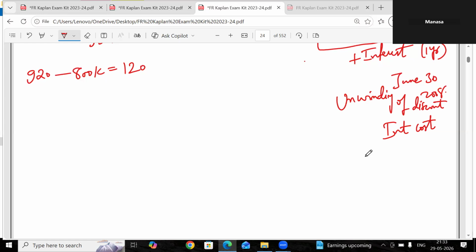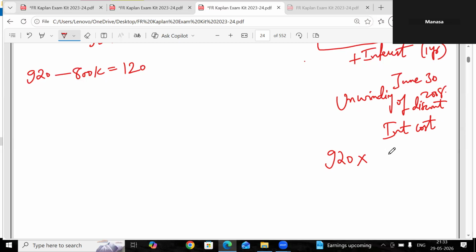Just a second, I'll do the calculation and write the amount. 10% into 6 by 12. So my liability is 920, and on this we take 6 months' interest.